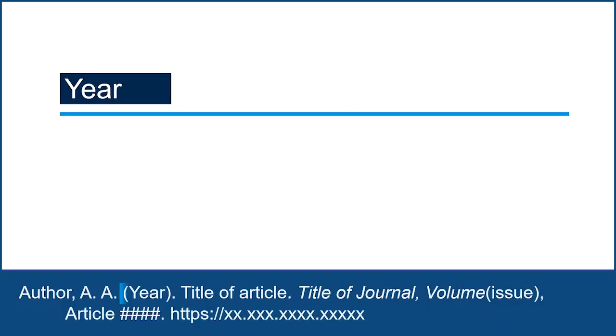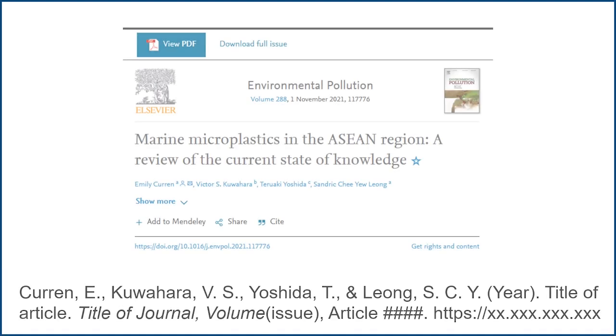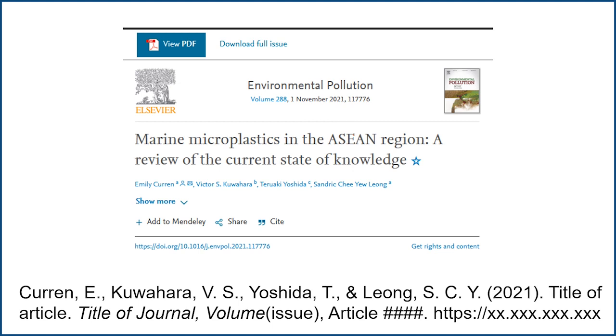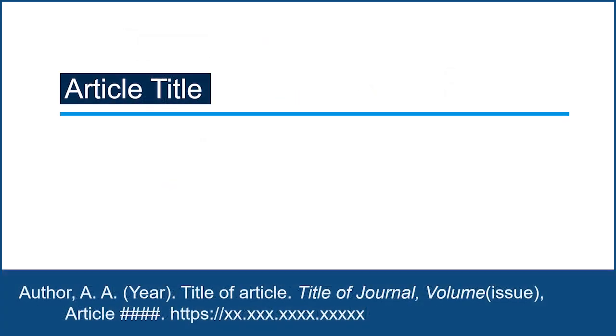The next part in our template is the year. Although a month and date are also provided on this article, the template only asks for the year. So 2021 goes in the brackets. Next, we need the title of the article.